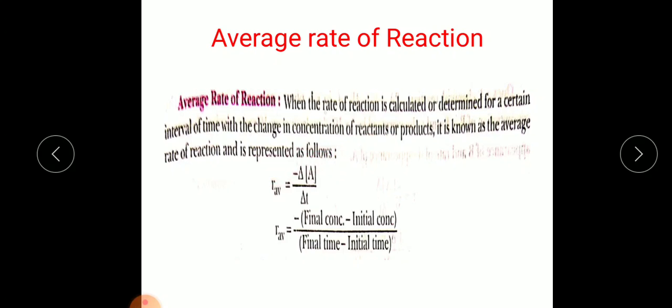R average is written as, suppose you have taken the reactant A giving product B, rate average equals minus delta A by delta T. Delta A, the change in concentration of reactant, will be final concentration minus initial, and delta T is final time minus initial. So this is how we calculate rate average equals minus delta A by delta T.